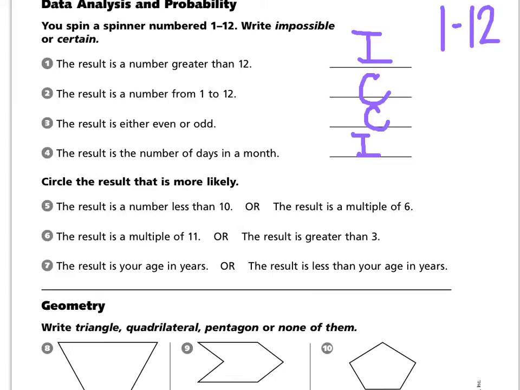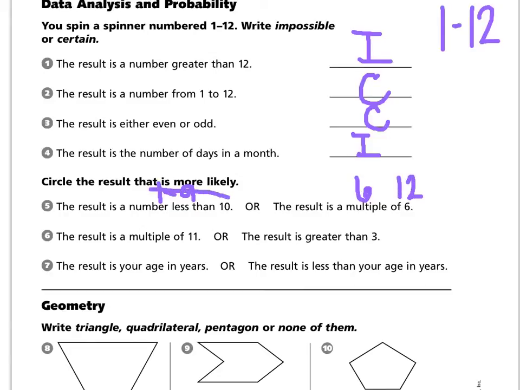So again, we're working with the spinner that's 1 through 12. We need to figure out which result is more likely and circle it. The result is a number less than 10, or the result is a multiple of 12. So I know that numbers 1 through 9 would be my option here, and that number 12 would be my only option here.